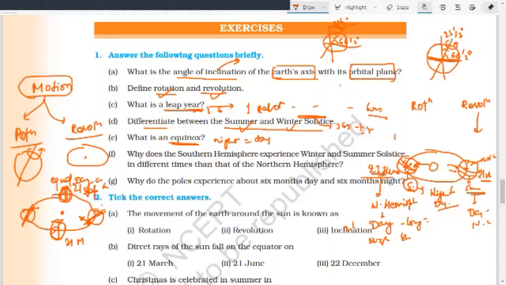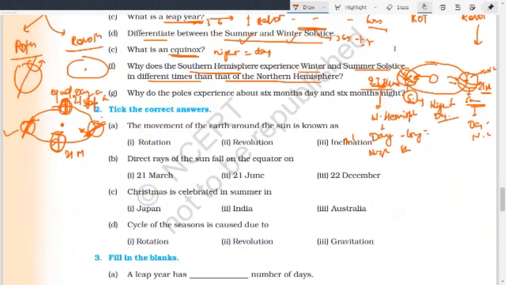Night equals day. Why does the southern hemisphere experience winter and summer solstice at different times than the northern hemisphere? A very easy question, and a very easy answer. I have explained it already, but once again I will repeat it. If this is the sun and this is the day of 21st June, the Tropic of Cancer is the nearest to the sun and the north pole is tilted towards the sun.